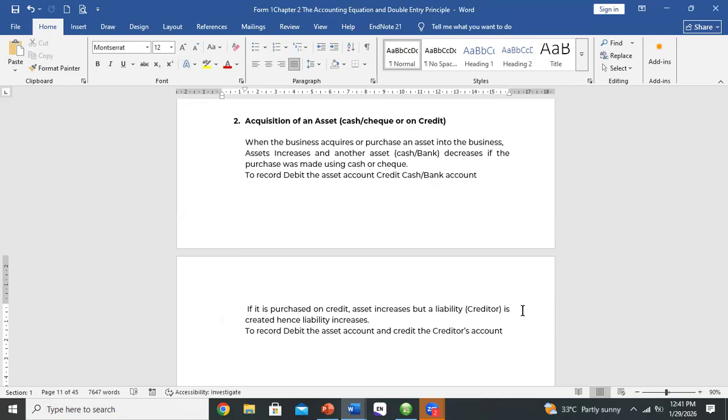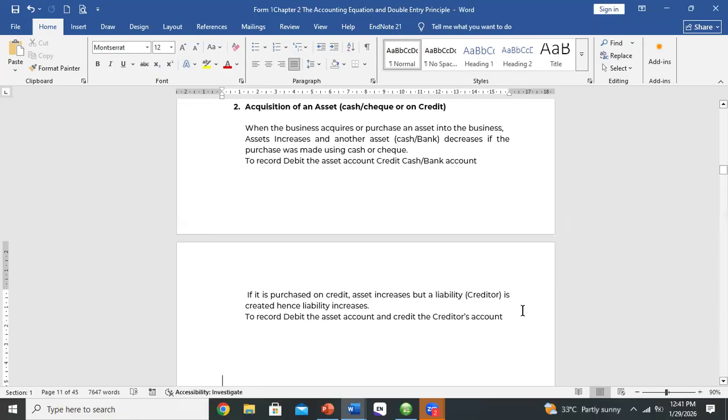To record, debit the asset account and credit the cash/bank account. If it is purchased on credit, the asset increases, but a liability (creditor) is created, hence liability increases. To record, debit the asset account and credit the creditor's account.